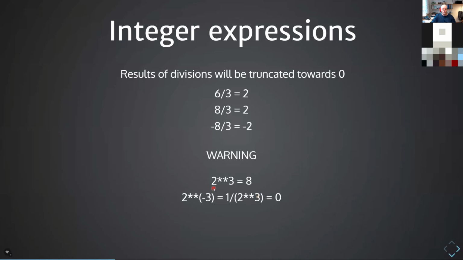And there are some things here. If you do integers with the power operator, you will need to consider this here. This will be 0. So 2 raised to minus 3 will actually be 0. So if you want to do this, you have to use floating point data types to get a result on that one.